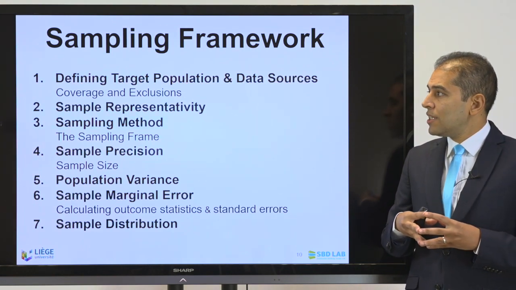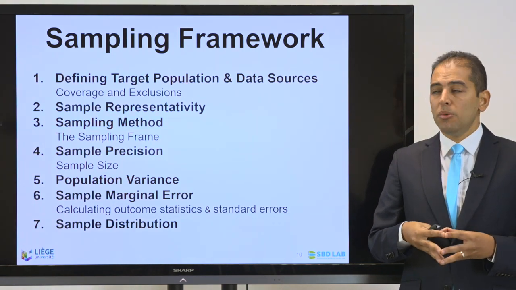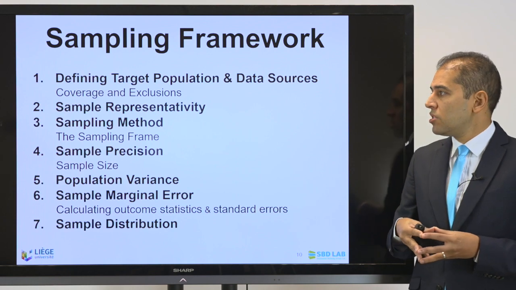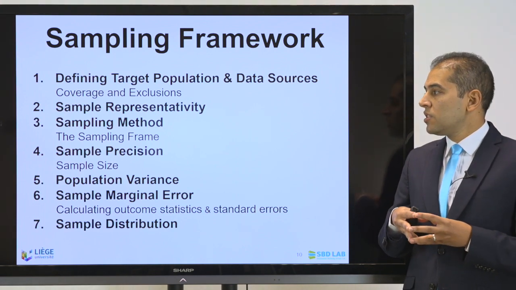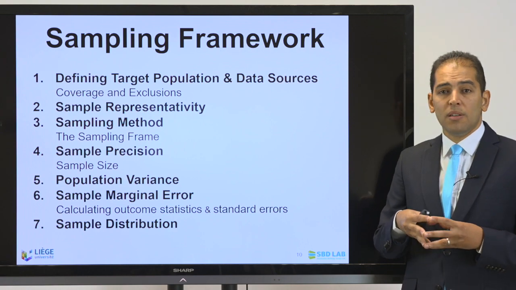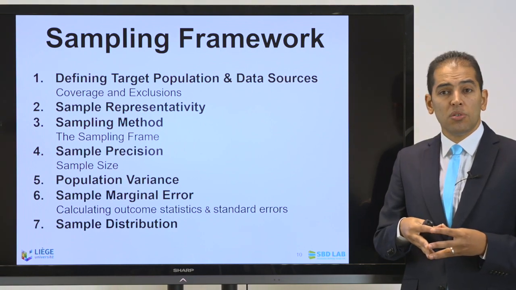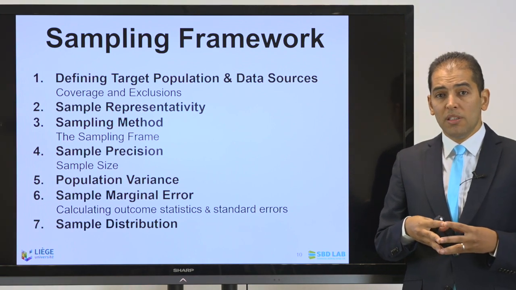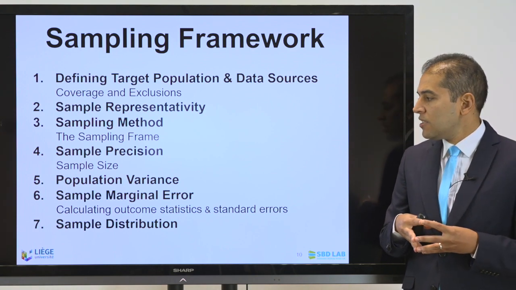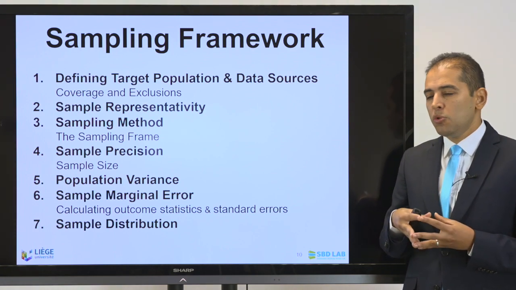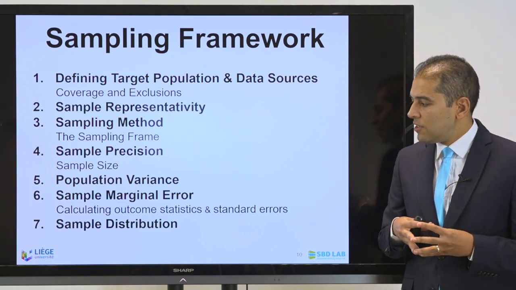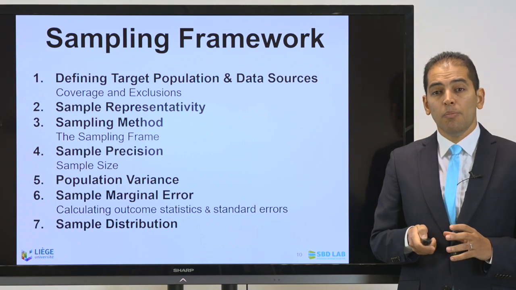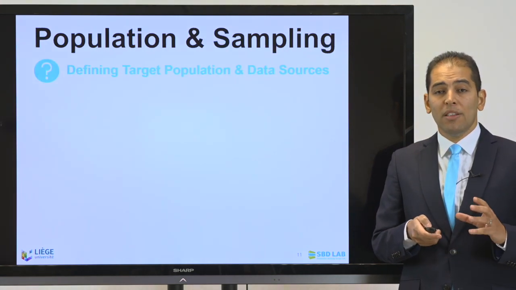And like I told you earlier, the sampling framework needs to be already defined, because in the sampling framework I will know already information about the target population and the data sources, the coverage and the exclusion criteria, what is the sample representativity that I'm going to launch my survey for, the sampling method that I'm using, the precision of my sample size needs to be already defined and validated, what is the population variance, what could be the sample marginal error, which is simply calculating the outcome statistics and the standard errors, and how will be the sample distribution. So these are all important points that need to be already in place before launching my survey and recruiting.